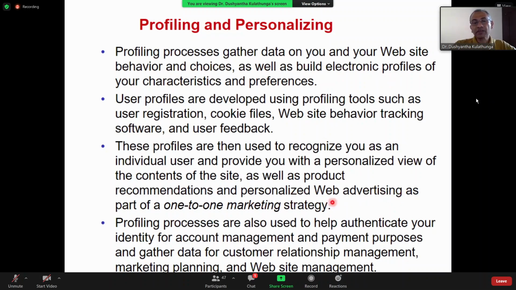Then personalized web advertising as part of one-to-one marketing. Now, this can also be done depending on what you search on a particular website. The advertising can be done to match with the particular behavior, to match with the particular choices or preferences. Now, you may definitely have experienced this when you search something in Google.